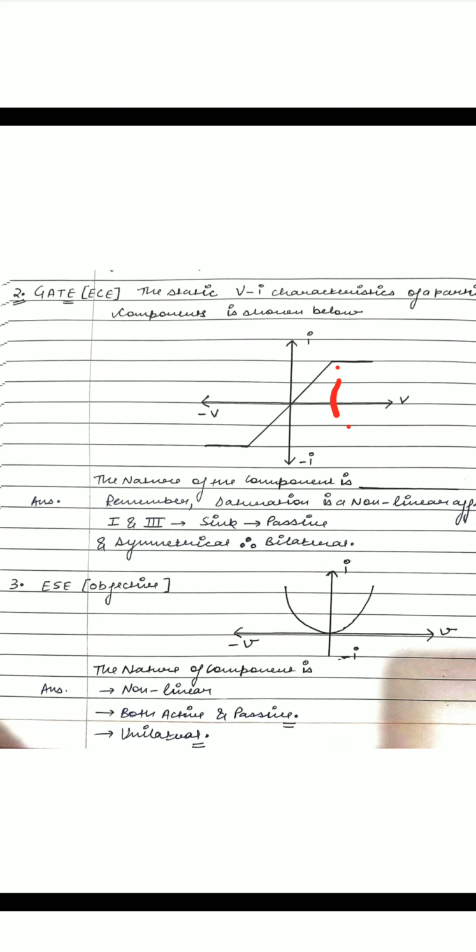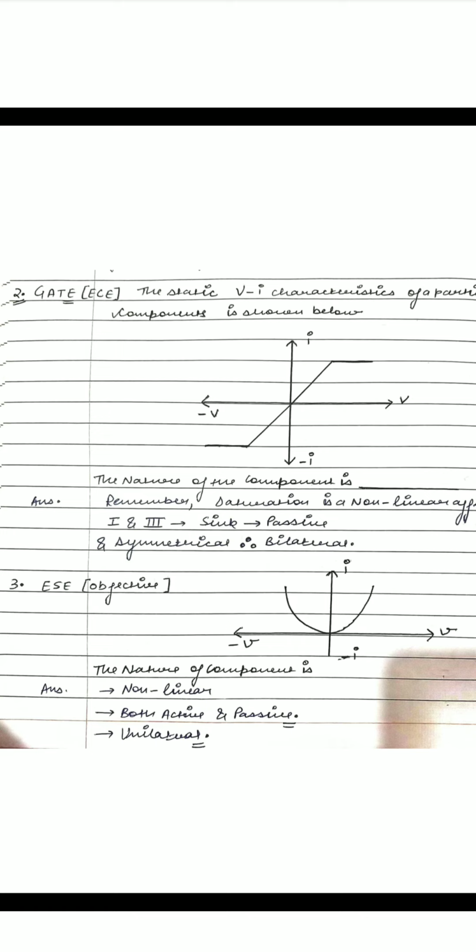After some point current becomes saturated, that is, with increase in voltage, current is not increasing. So it is non-linear. Globally it is non-linear. Locally, for this part only it is linear, but globally it is non-linear.